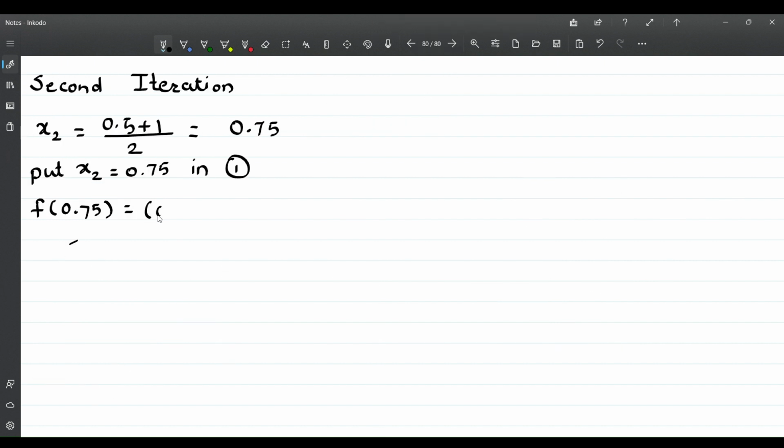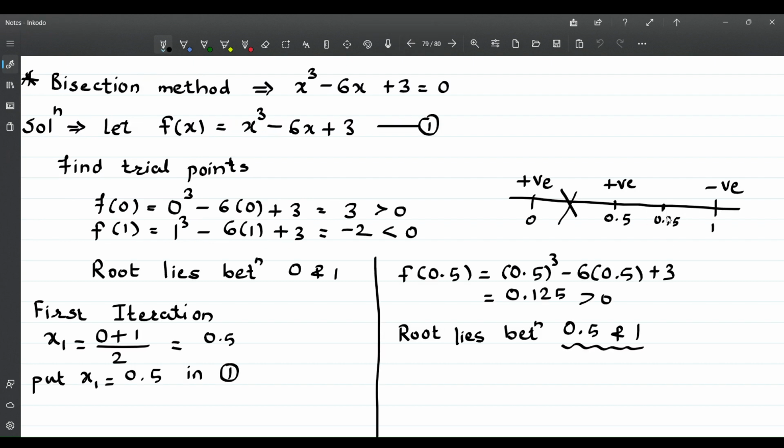So x cube means 0.75 cube minus 6 into 0.75 plus 3. By using a calculator, you can solve it. The answer is minus 1.078, which is less than 0.